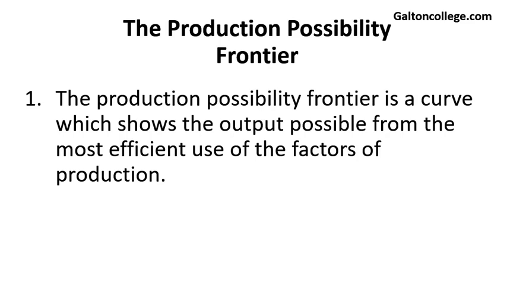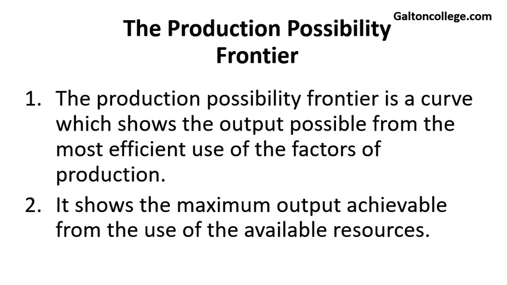But of course, we could reconfigure them and get a different output. Again, efficient, but a different output. So we can imagine a lot of outputs being produced efficiently, different combinations of the output being produced efficiently with our existing resources.